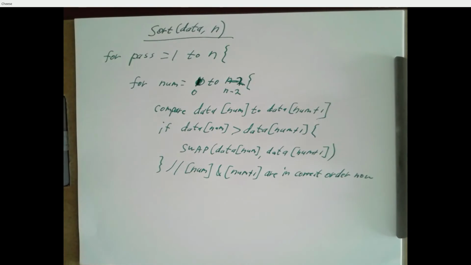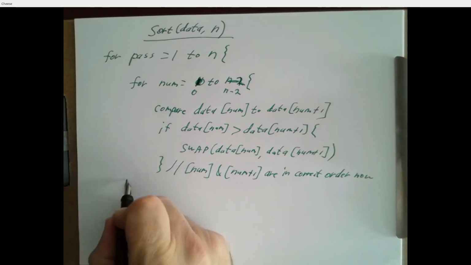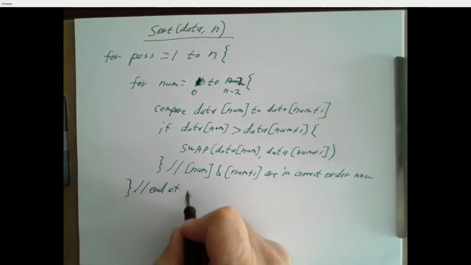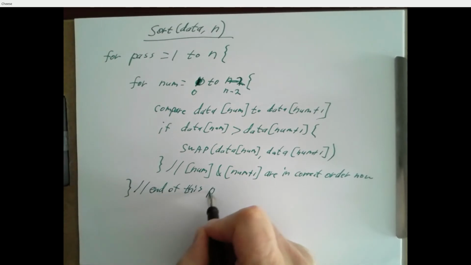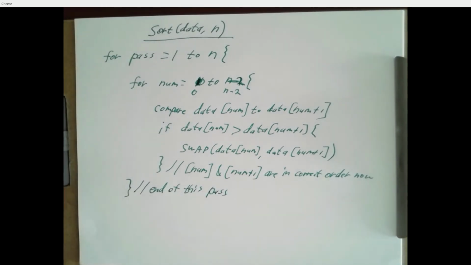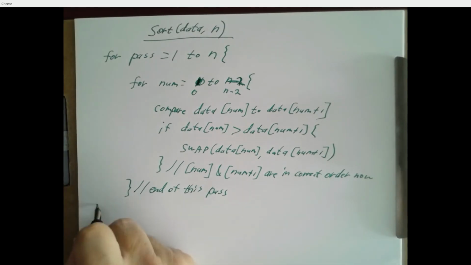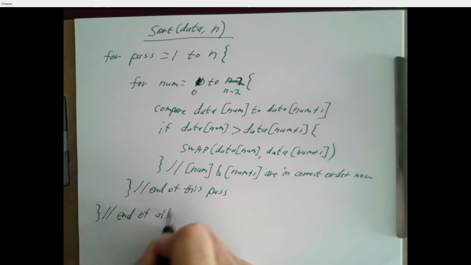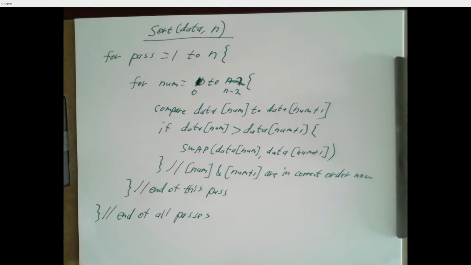So after that if statement, I know that elements num and num plus 1 are in the correct order now relative to each other. And then this curly bracket is the end of whatever pass we were just doing. And then this curly bracket is the end of all passes. And that is your whole algorithm.